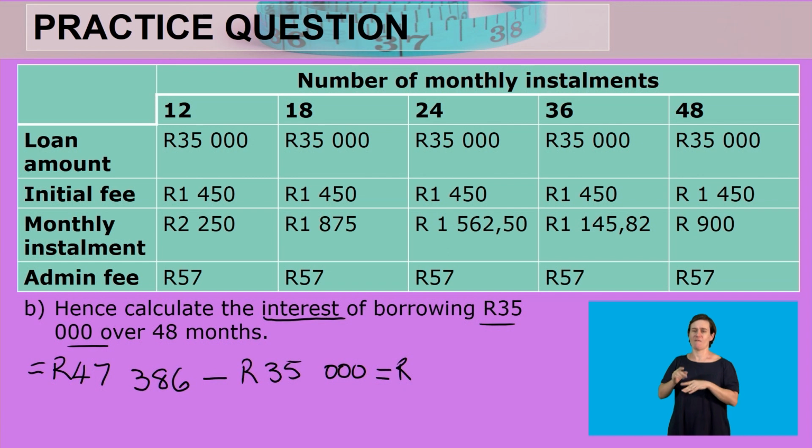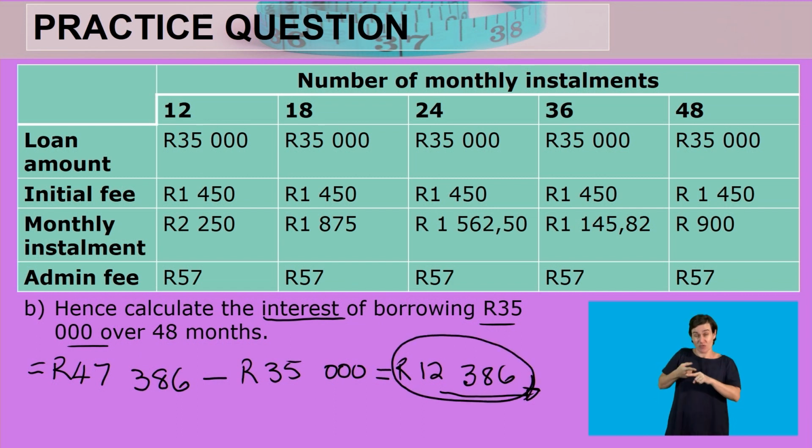So 47,386 minus 35,000, the extra value that we get here is 12,386, meaning if this person opts for a 48-month loan, he or she will pay an extra amount of 12,386 rands.